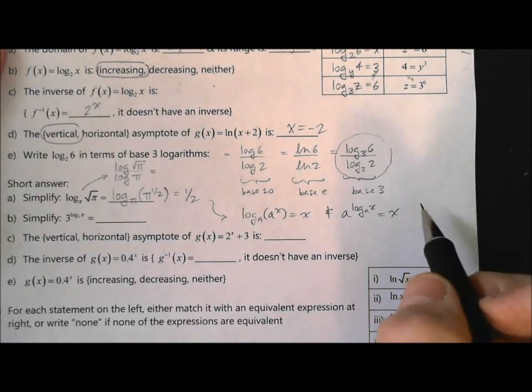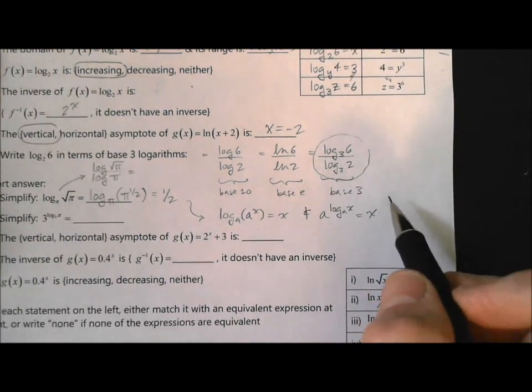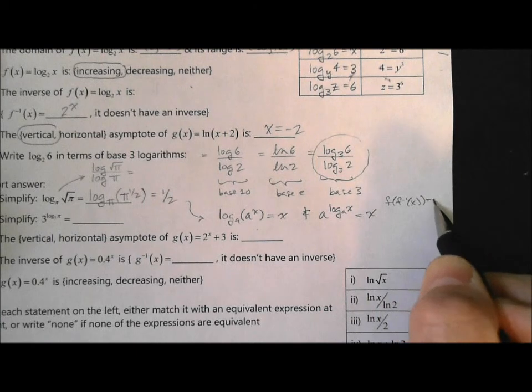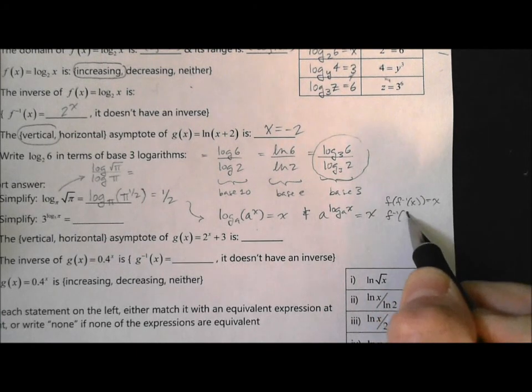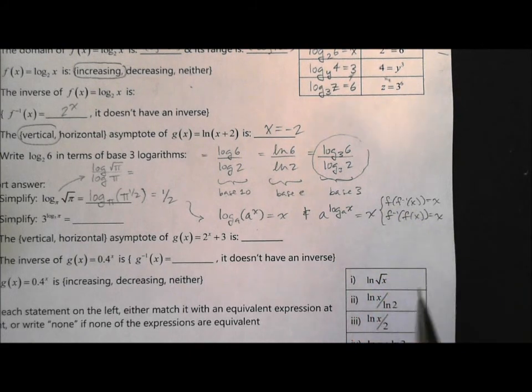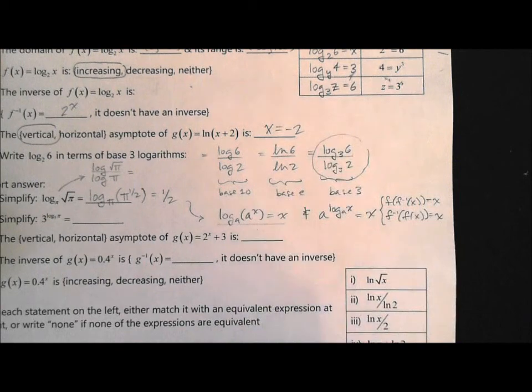These are cases of a function composed with its inverse. That is, in general, f of f inverse of x should equal x, and f inverse of f of x should also equal x. Okay? And we're just using this property right here.